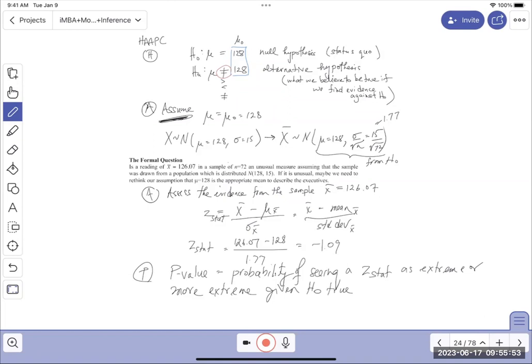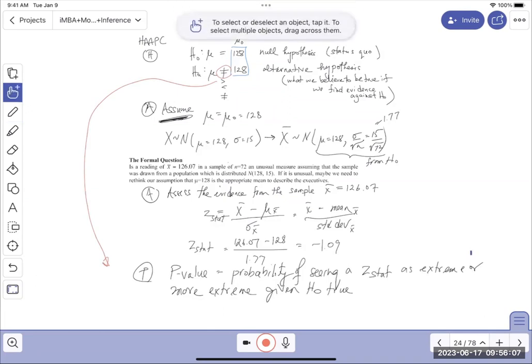So now I'm going to use the alternative to interpret that. So the z-stat as extreme or more extreme in the direction, well, this is saying in both directions. So what does that mean?